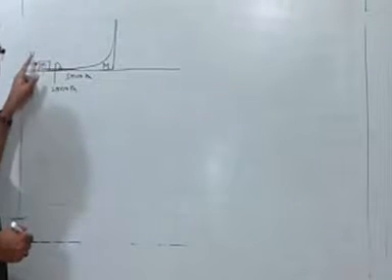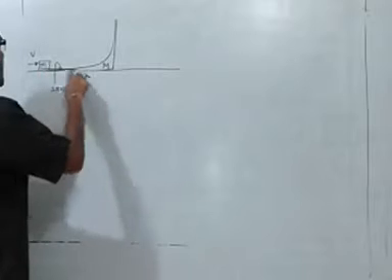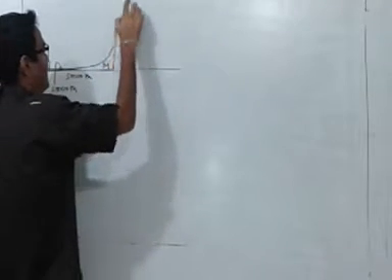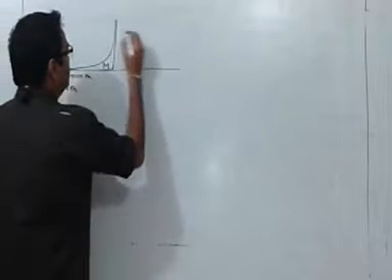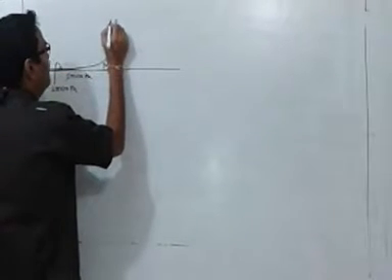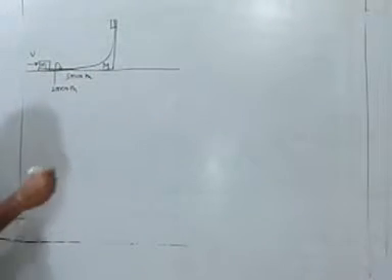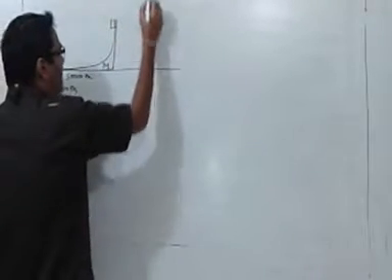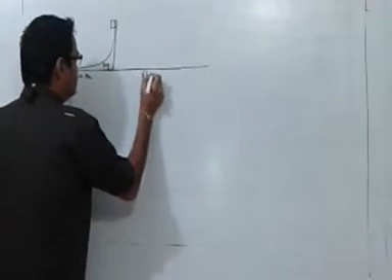This block is given a velocity v towards right. We are supposed to find the maximum height attained by the block as it loses contact with the ramp, from the datum level or from the floor.